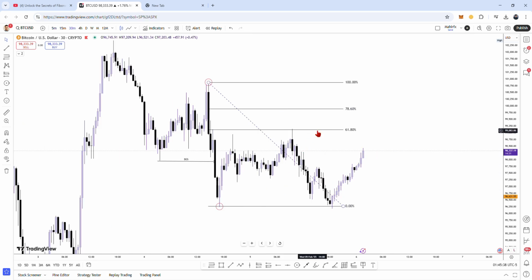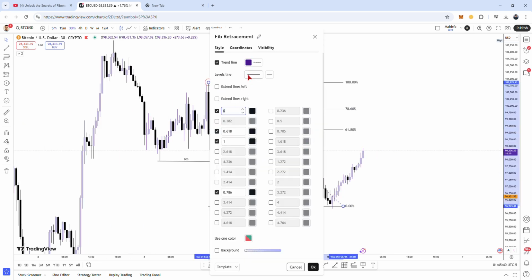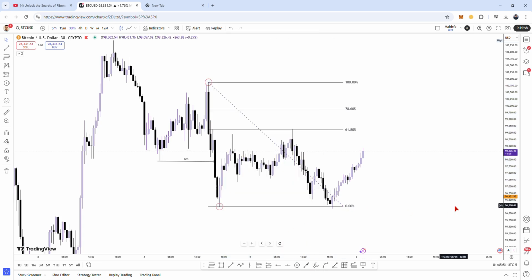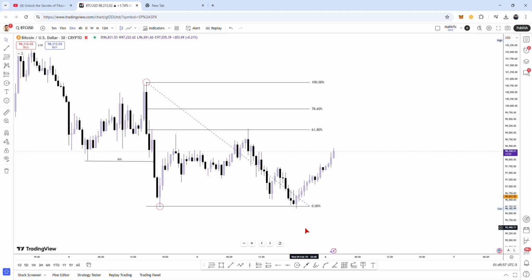See? As I said in an earlier video, maybe the setting for your Fibonacci is a little bit messy, but you can copy mine and use it on your own.